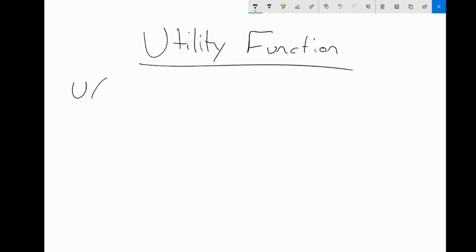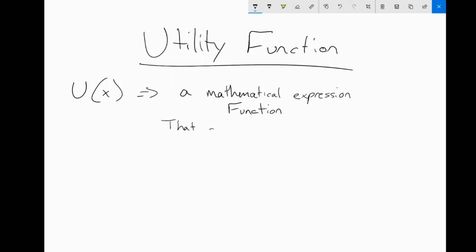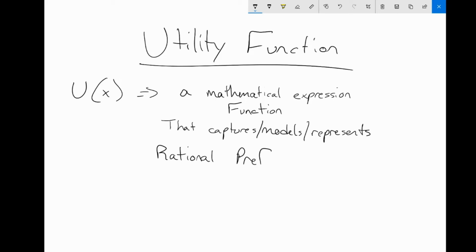We want a mathematical function that captures, models, or represents rational preferences.